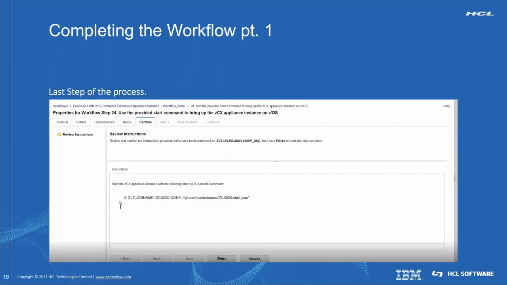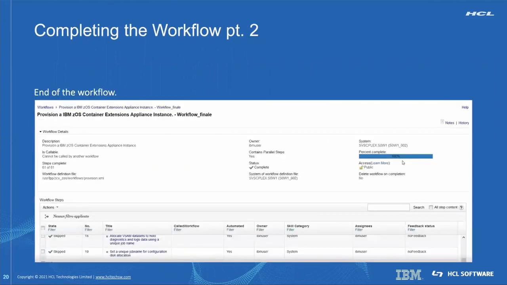After you copy the command that you need to execute on the system, the provision workflow for the zCX instance is complete. And you can consider this part of the process achieved, let's say.